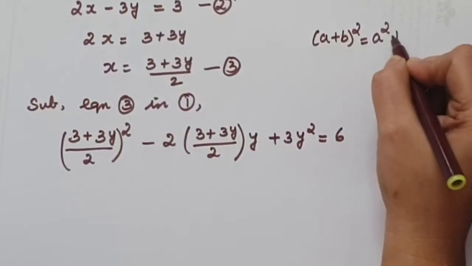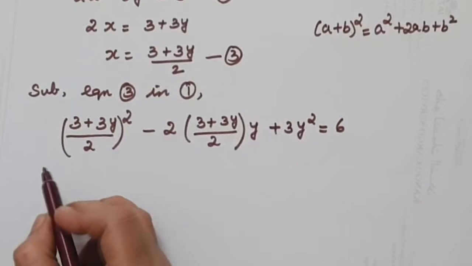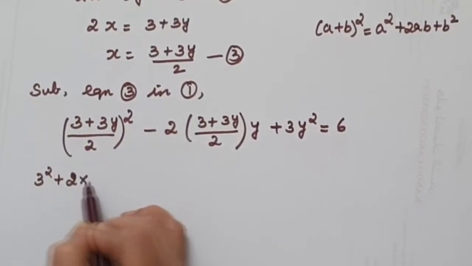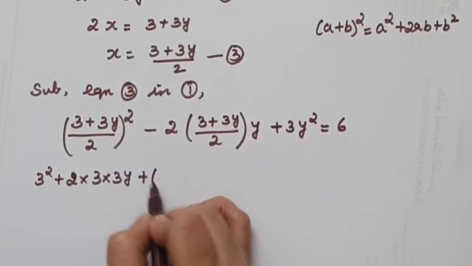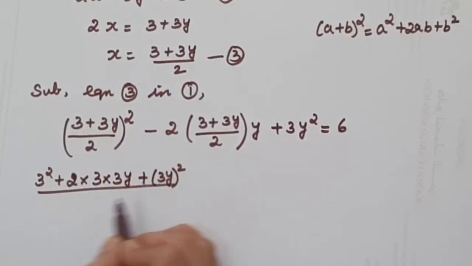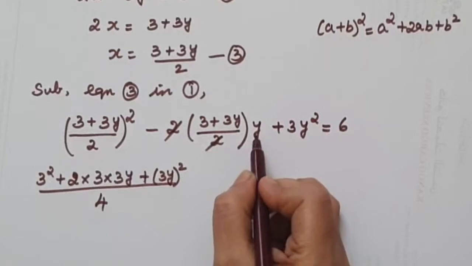The formula is a squared plus 2ab plus b squared. We'll apply that over here. So it is 3 squared plus 2 multiplied by 3 multiplied by 3y plus (3y) the whole square, and this 2 also has to be squared. 2 squared is 4. This 2 and 2 will get cancelled.